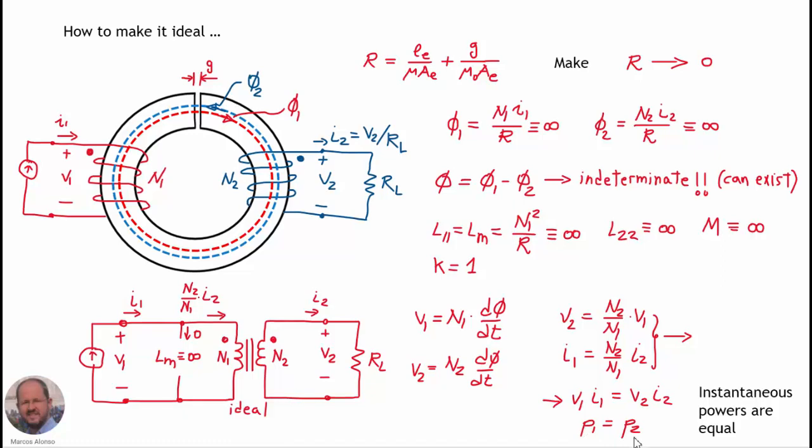Note that this is not the case when we are considering a magnetizing inductance, because if we have a magnetizing inductance which is not infinite, then we can say that the average power entering the transformer is equal to the average power getting to the secondary, to the load. But the instantaneous powers are not equal because we have the effect of the magnetizing inductance here.